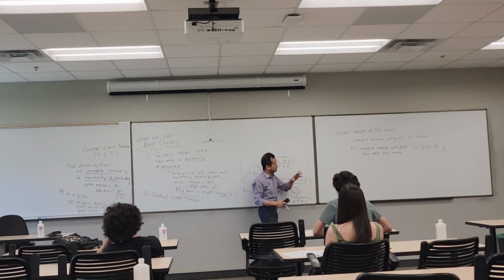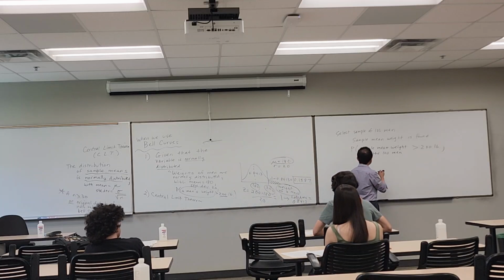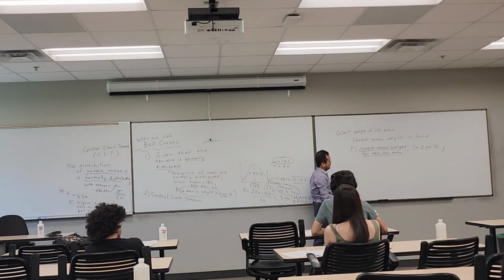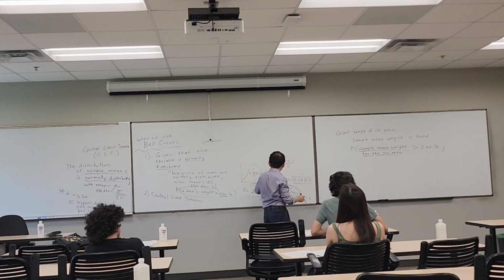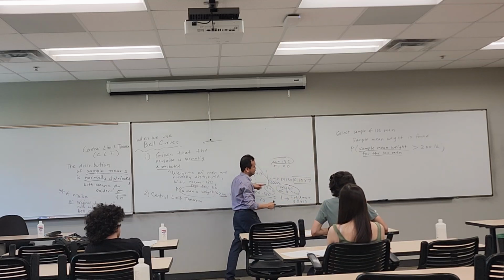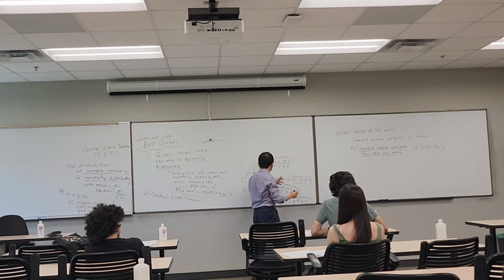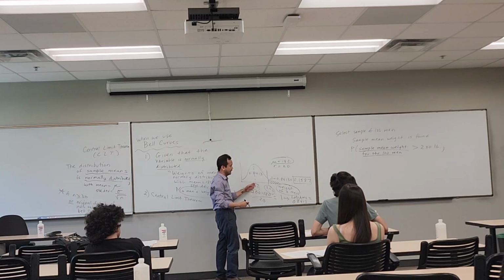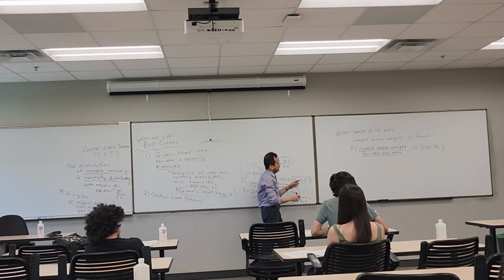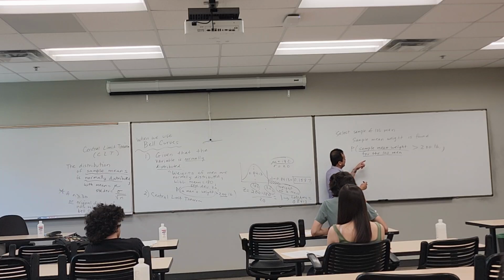But what this is saying is, if we took the sample mean weight for 100 men, now you have 100 men's weights all distributed this way, where the mean of those 100 is also going to be 180, and the standard deviation will also be 20. However, for each sample we're going to find the mean.